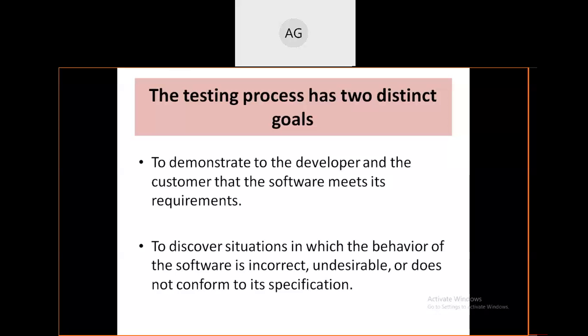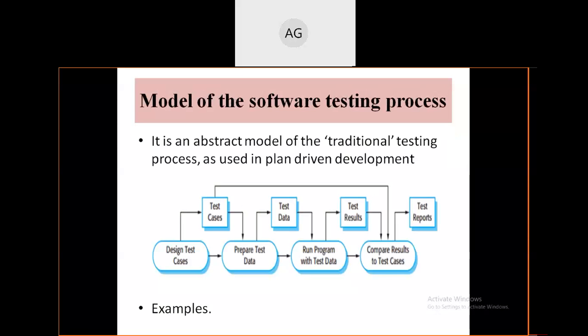That is the second goal. And the next one is the model of the software testing process. This is also called the traditional testing process. Here he is using different test cases: first design test cases, prepare test data, run the program with test data, and compare the result with the test cases.